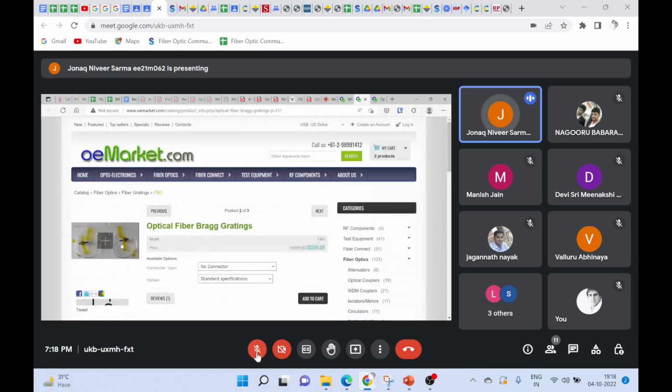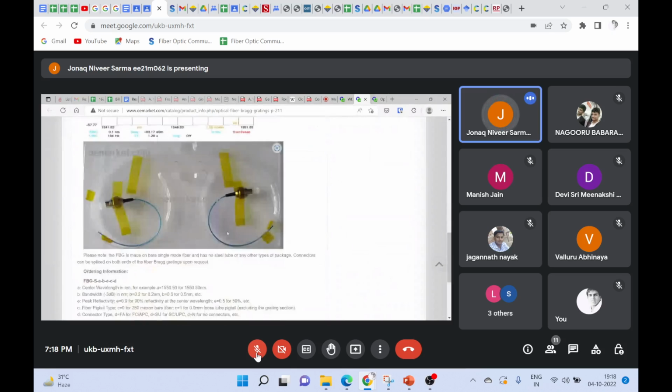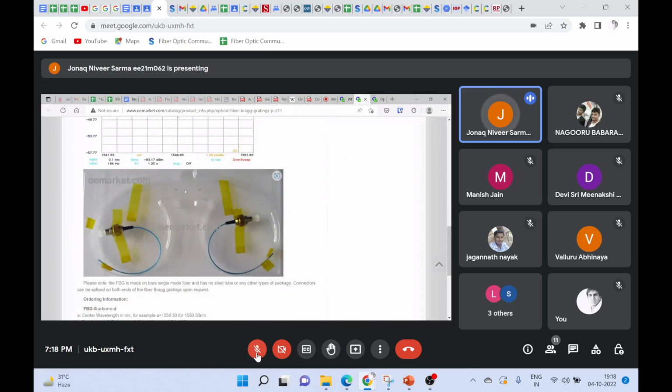For the sizes, to get an idea about the sizes of these components, I think ma'am has shown these components in the videos, but if you want close-ups, you can go through this. Like, this is not inside a tube.